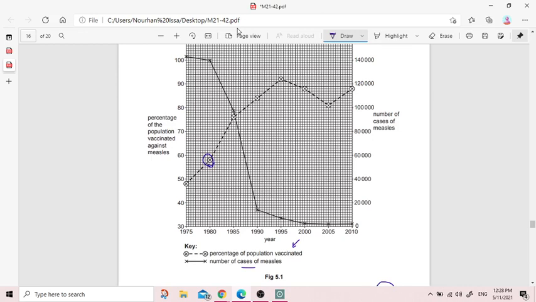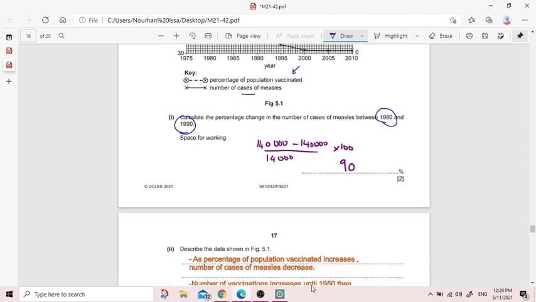Then for 1990, you will read it from here, because this is the scale for the number of cases. In 1990, also, you will go to this solid line and determine this point. Here it will be 140, and this will be 14,000.